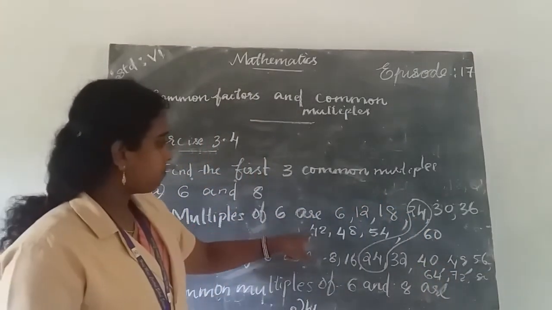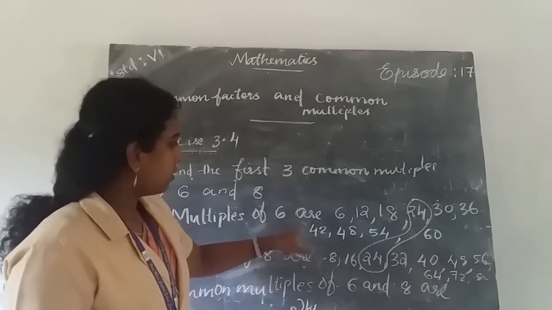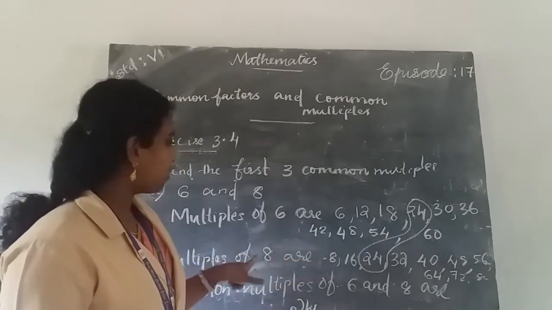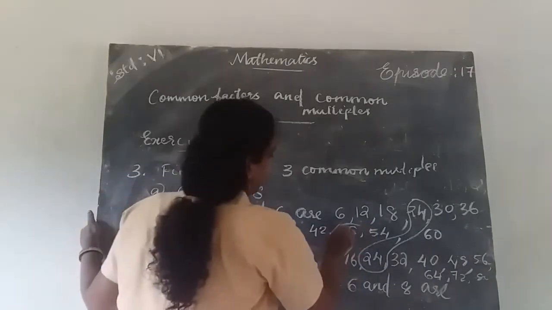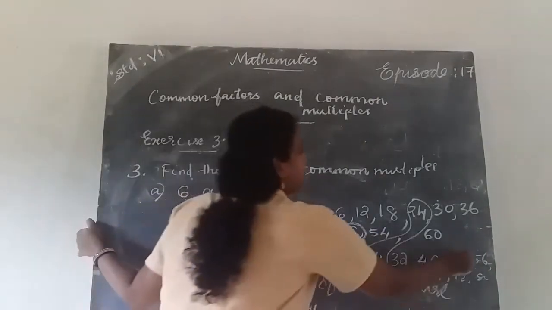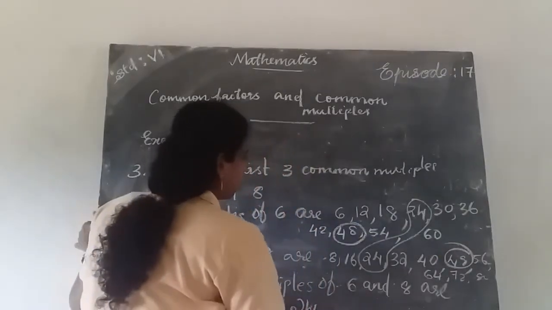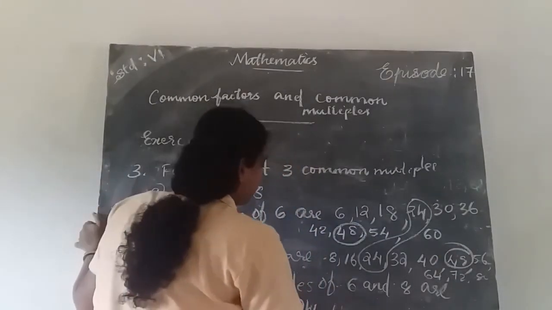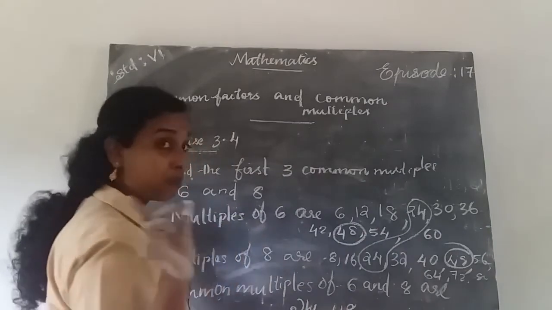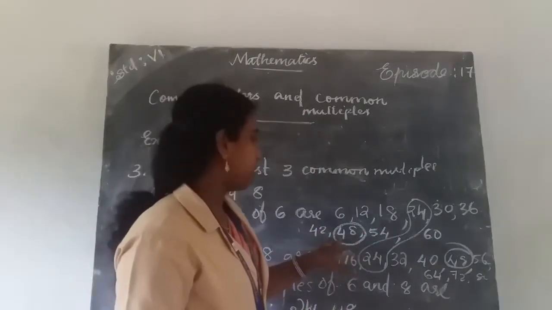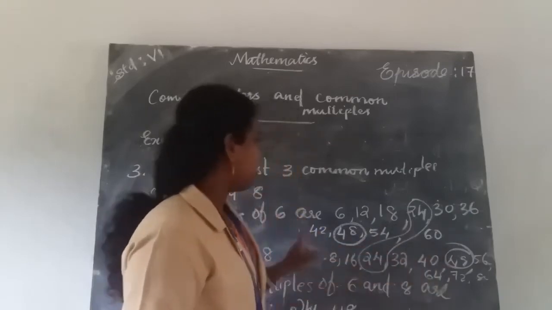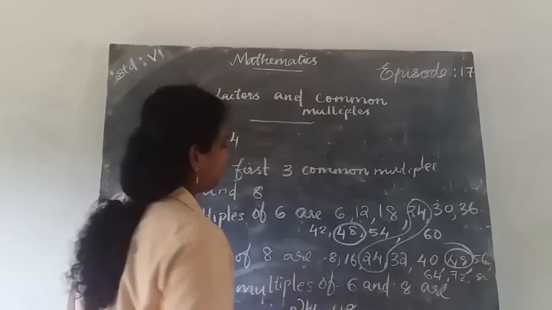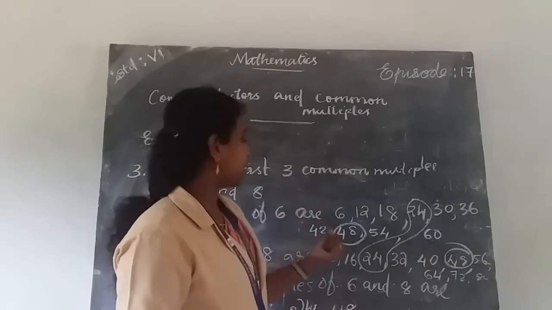Here the next number is 42. So 42 is a multiple of 6 but it's not a multiple of 8. And the next one is 48. 48 is a multiple of 6 and it's also a multiple of 8. Okay. So 48 is a common multiple of 6 and 8.